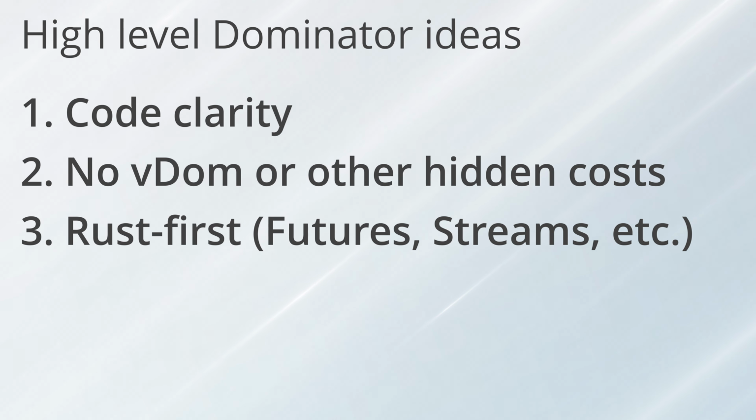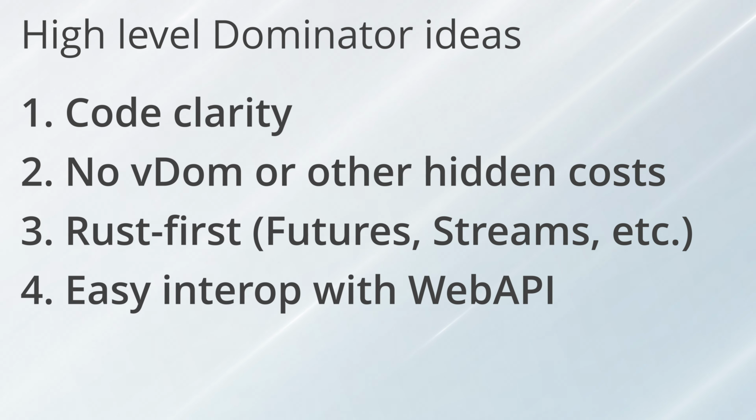And you might wonder, okay, we have all these pieces. How do we actually interact with the web API, like audio context and canvas and all these sorts of things? And that is another angle here: wasm-bindgen. We haven't really spoken about that yet. It's a little bit outside of the context of Dominator exactly.